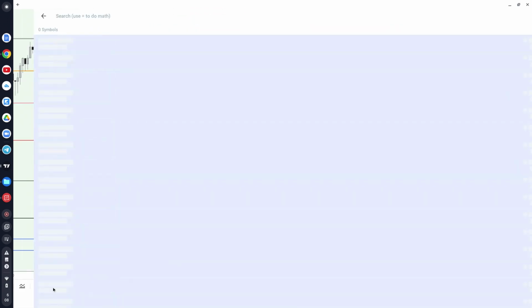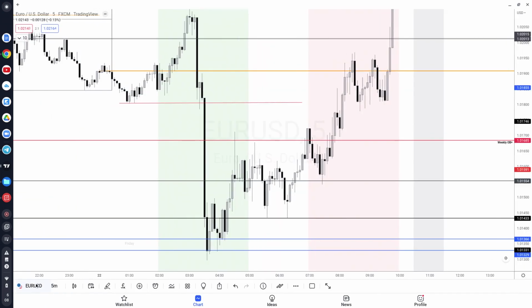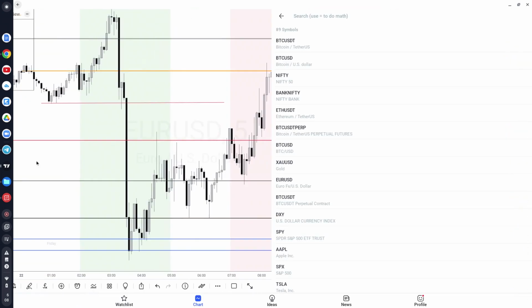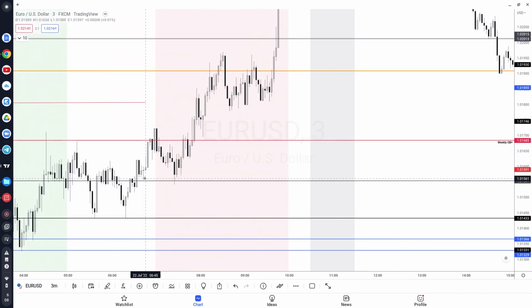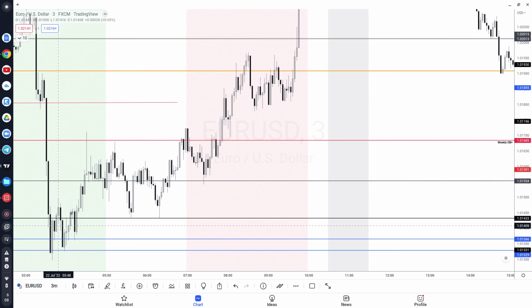See if we can come to the lower time frame to see if we can find what we're looking for. Balance. All right, so I don't see any imbalances in here.